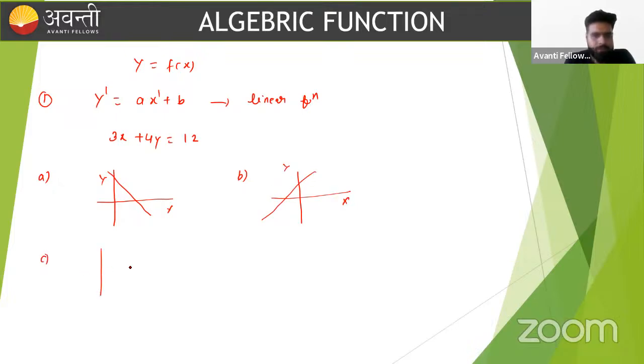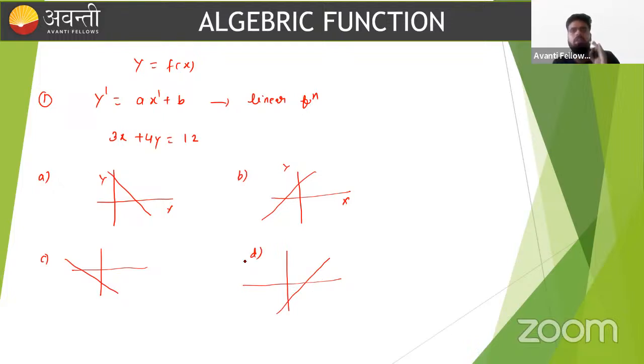This is option C. And this is option D. Tell me which one is the correct graph which represents the equation 3x plus 4y equal to 12.